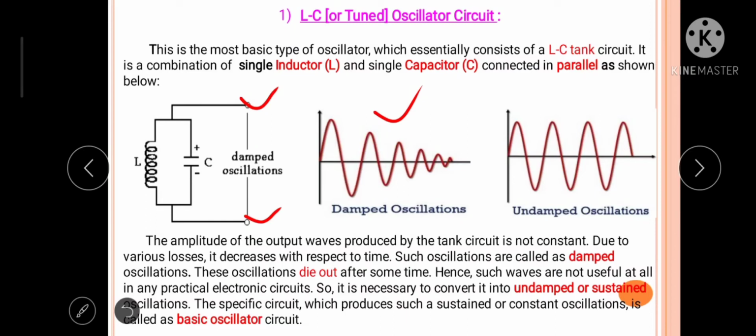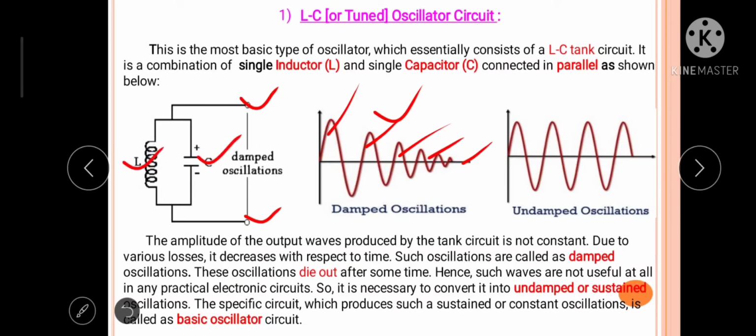Damped in the sense, initially the amplitude of the waveform is somewhat high and later on it goes on decreasing with time, and after some finite time the waveform dies out or comes to an end. This happens due to losses in the capacitor as well as in the inductor.